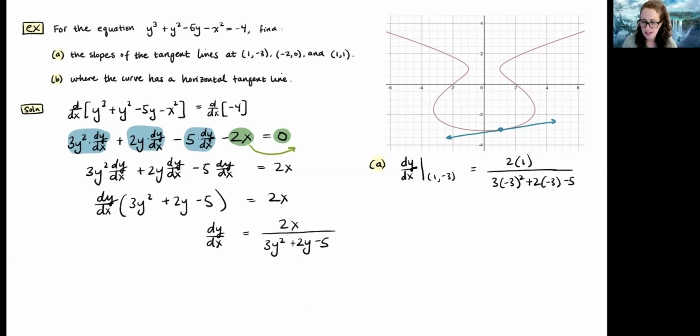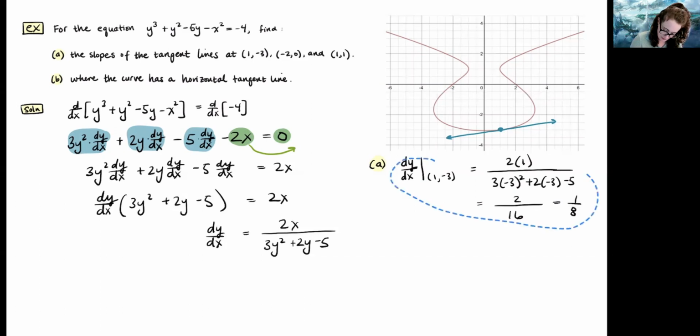So when we plug in a 1 for x up top, we're going to get a 2, it looks like. Down bottom, we'll get 27 minus 6 minus 5. And I think that is a 16. And so that comes out to be 1/8. And I'm just going to make this the blue color because this goes with the blue tangent line that we drew.